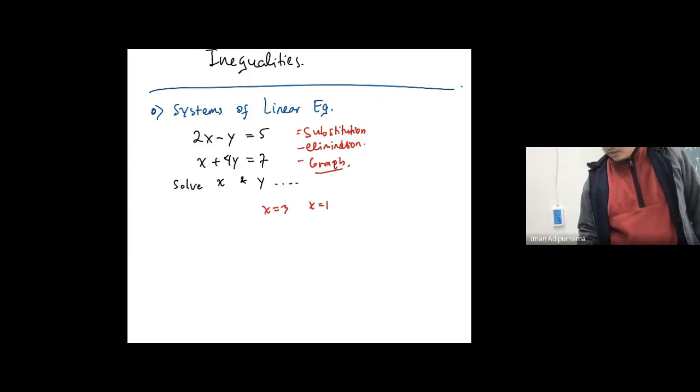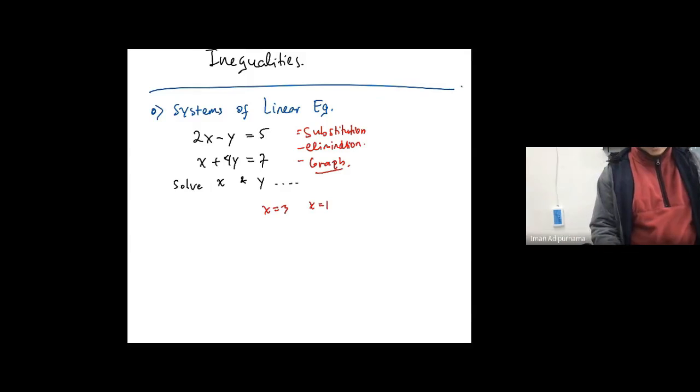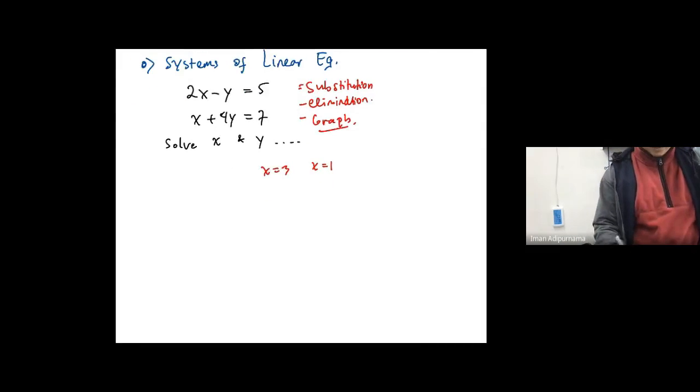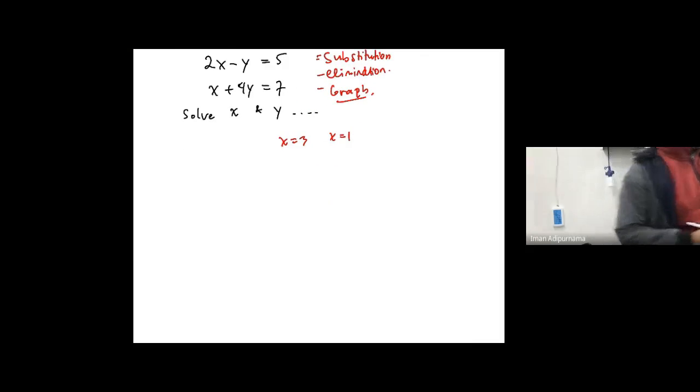Okay, the other example. Let me write some equations. This is for the equation that has solutions. Okay?